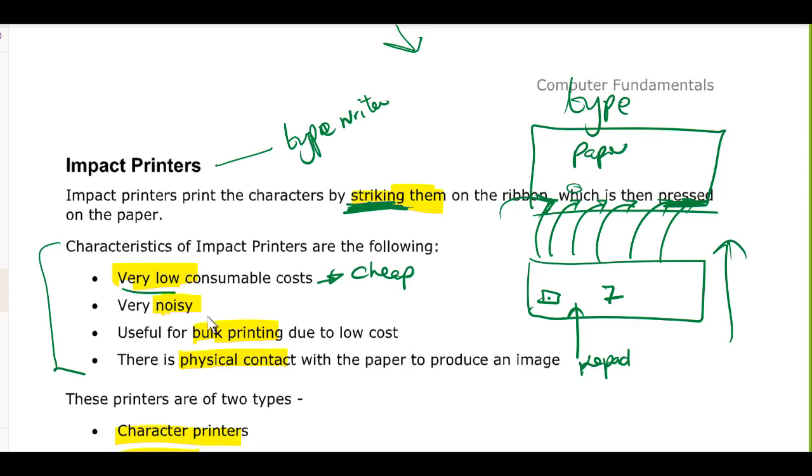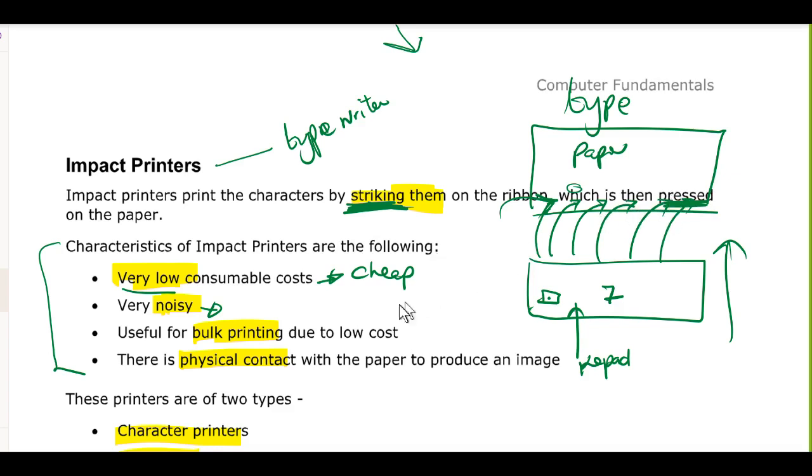The other disadvantage is that they are noisy, because you're talking about paper being pressed and producing characters. I think you might have also seen this kind of paper. If you go to the bank, most of the banks use impact printers, very cheap ones, but at least they use impact printers. You'll hear them making noise as they are printing.